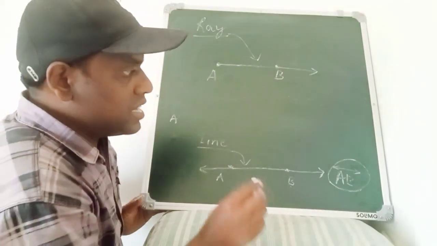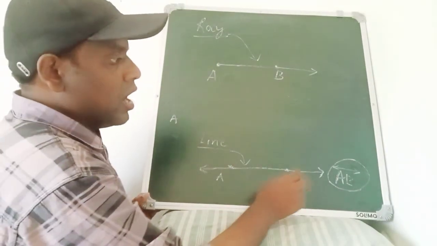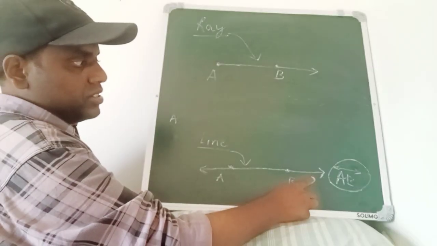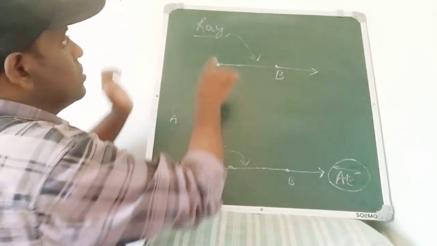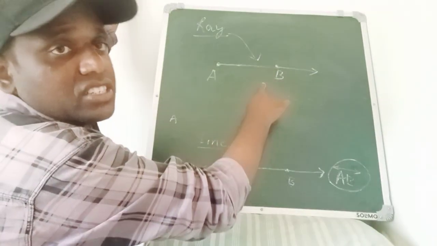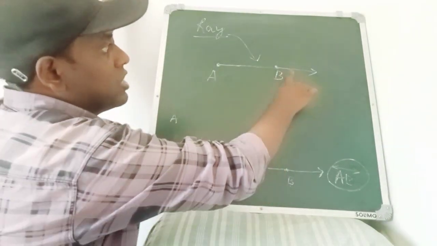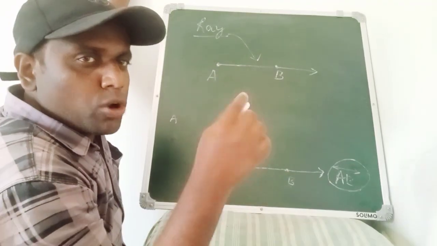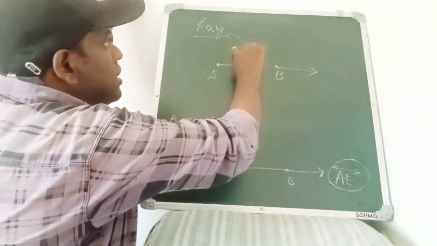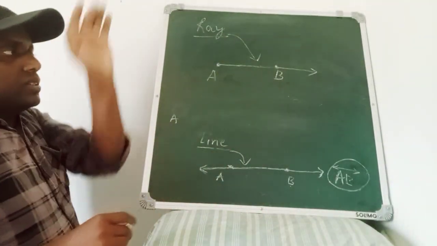See, a line is extending in both directions, while the ray is extending only in one direction. Here it is not extending. So this is the ray, and this is the line.